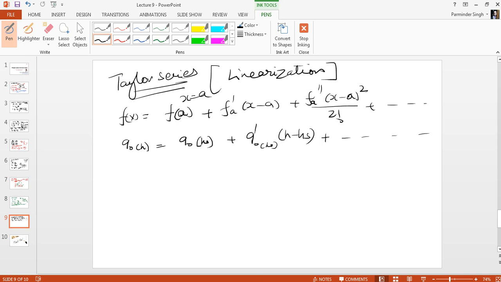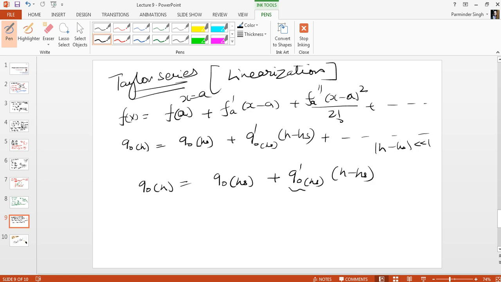Now let's neglect the higher order terms because h minus hs is very much less than 1. So what we have is a simple system, that is q naught at h is q naught evaluated at steady state plus q dash naught at hs into h minus hs.